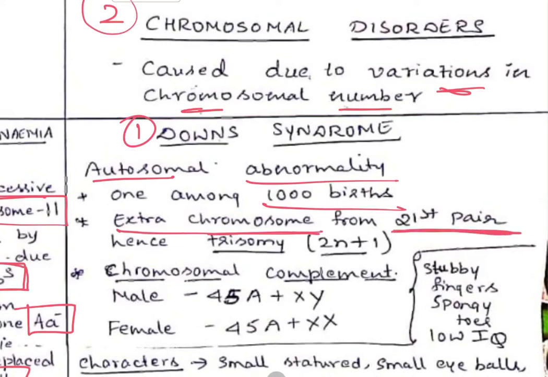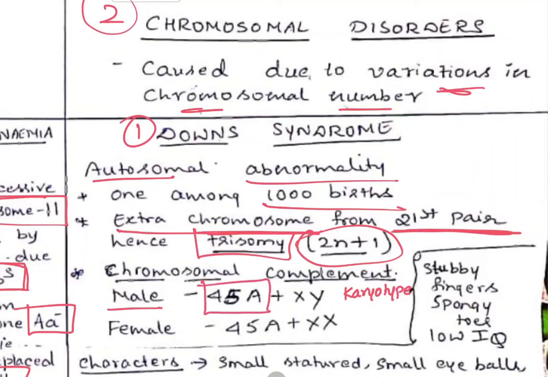Hence, it is also known as trisomy, 2n plus 1. And the chromosomal complement or karyotype of males is 45A, A means autosomes, plus XY. And in females it is again 45A plus XX.